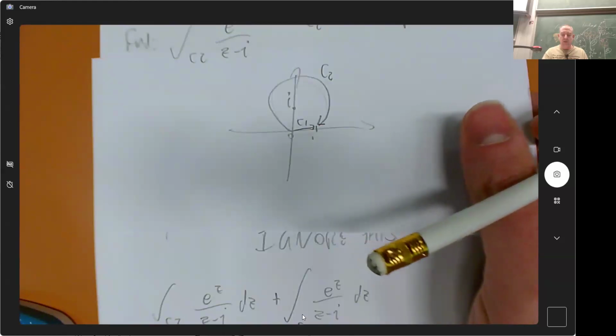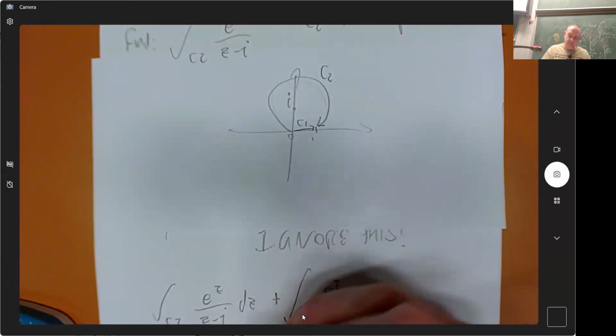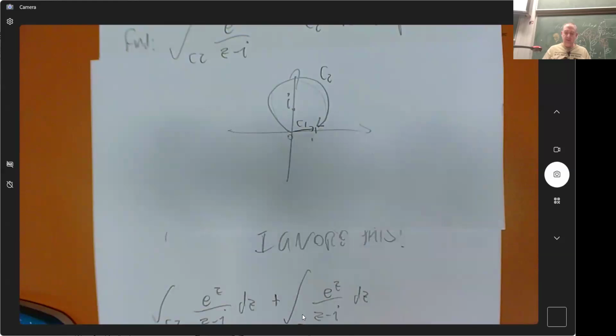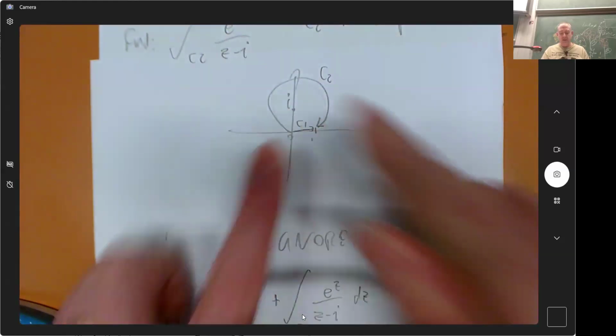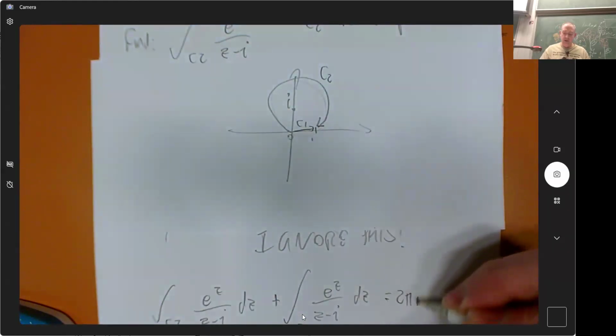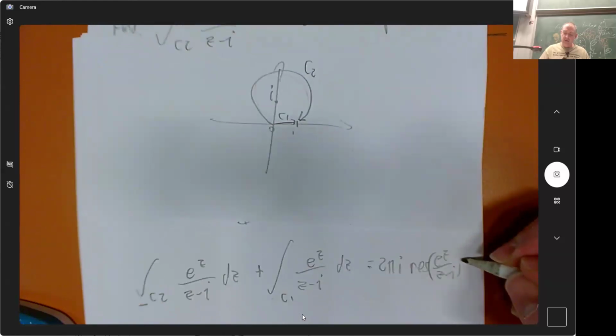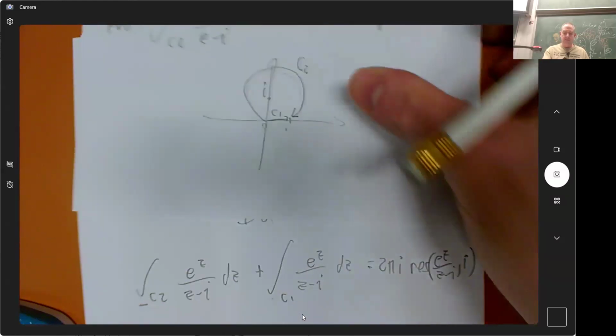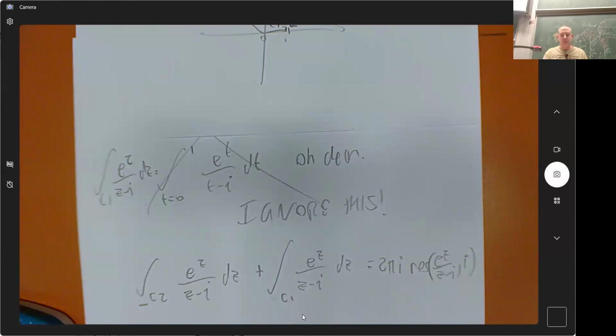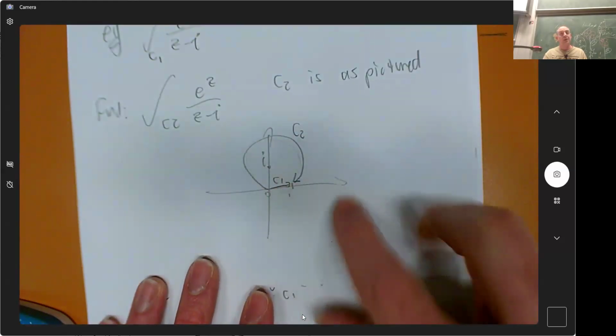Oh, crap. No, we want to go anti-clockwise, don't we? Sorry about that. So C1 and then anti-clockwise round there. That'll be 2 pi i times the residue of e to the z over z minus i at i, because that's what the curve is. It goes around that point.